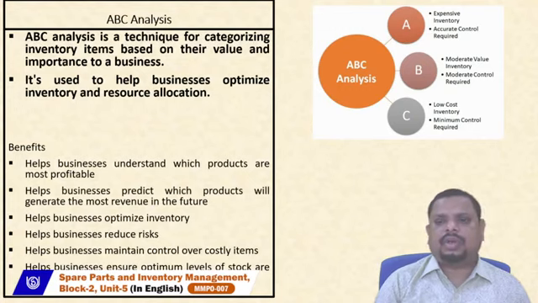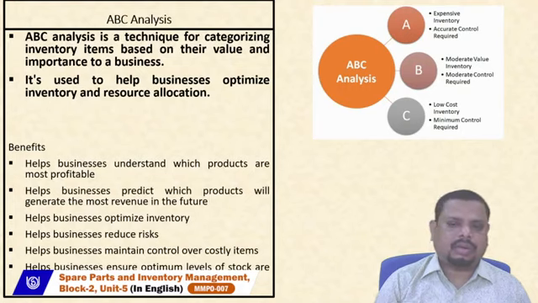Similarly, moderate value inventories in the same example are pharmaceutical items, so moderate control should be required. And low cost inventories are consumable items like cotton, spirits, Dettol, Savlon, and bandages. They require minimum control because they are consumed in the highest amounts and the cost is very low.